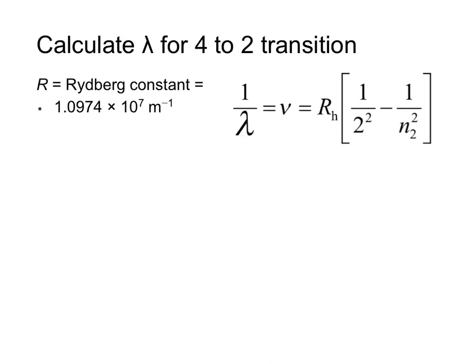And so let's look at an example of that. Here we're going to calculate the wavelength from the transition of 6 back down to 2.